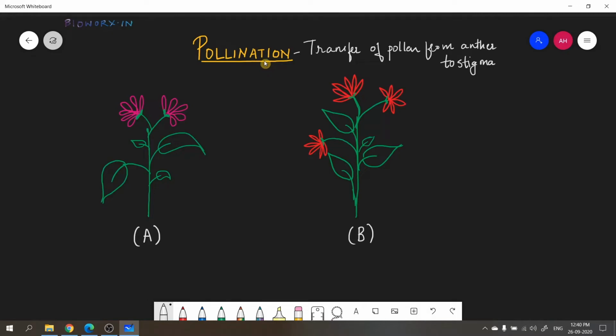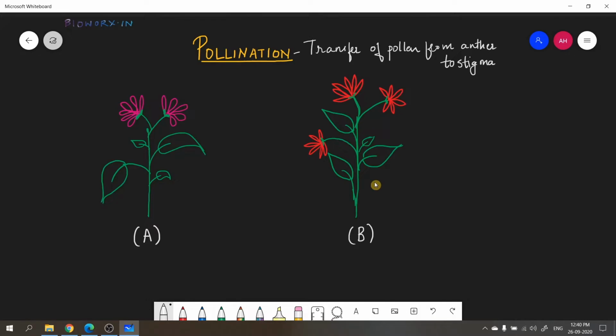All right. Now, we will go into details about the different types of pollination based on the source of pollen grains. I have shown two diagrams over here. You can see diagram A and B where I've shown two different plants. Now, I'm going to explain the three kinds of pollination in the diagram.